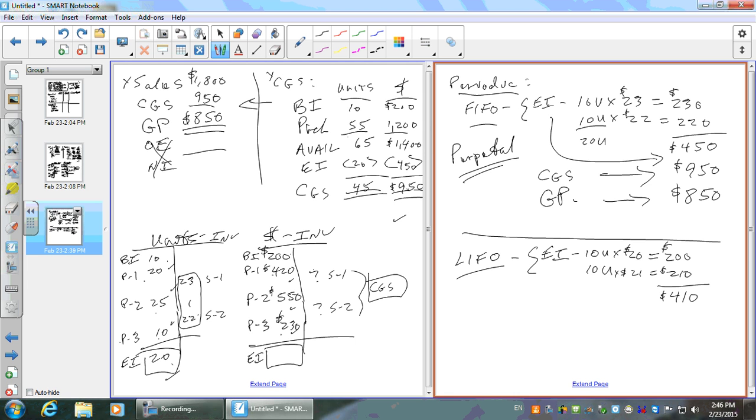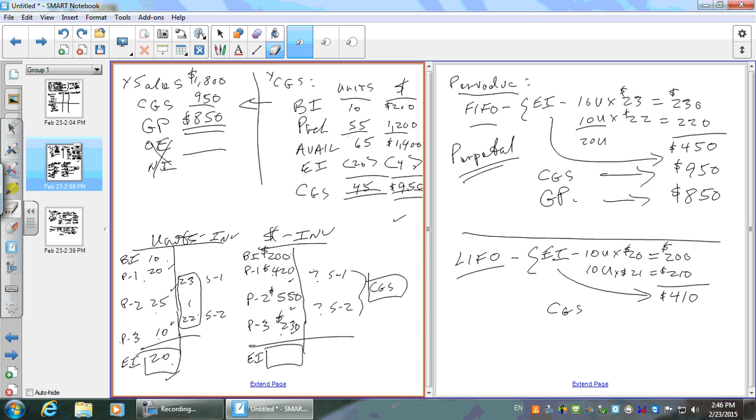So that's our ending inventory. We're going to figure out cost of goods sold, but guess what? It's the same process. Let's get rid of 450 here and put 410 there and see what happens. Obviously, if you have less ending inventory and you have the same available, 1400 less 410 is what? Is that 990? We have more cost of goods sold if we have less ending inventory. Everybody agree?